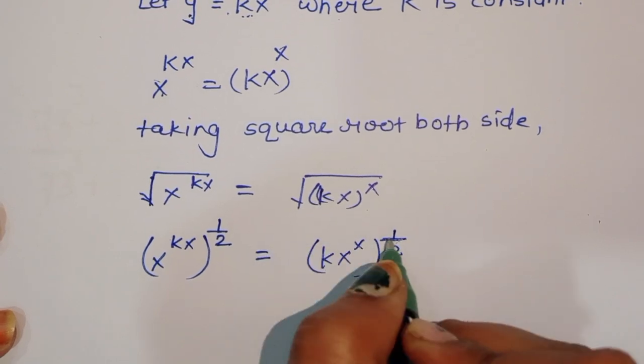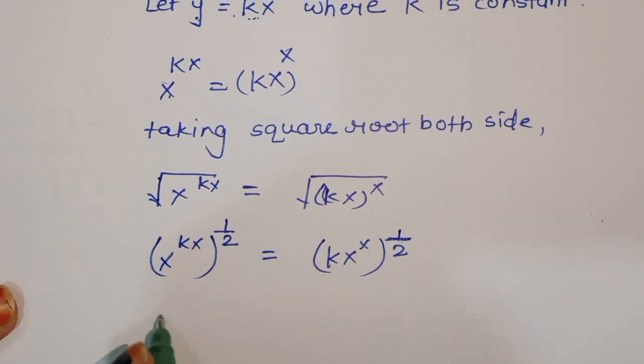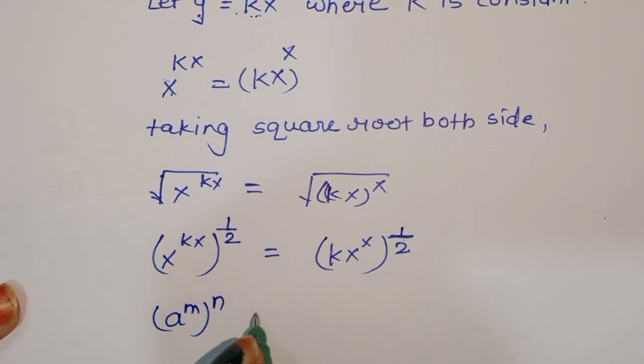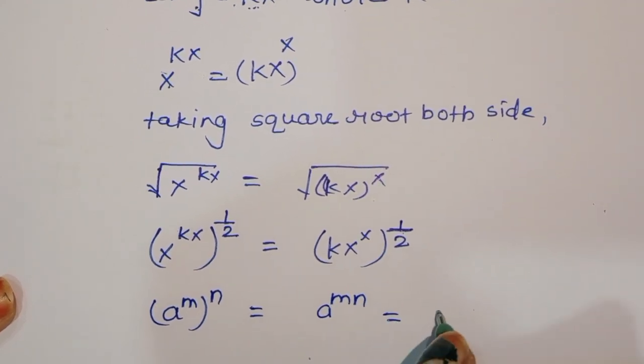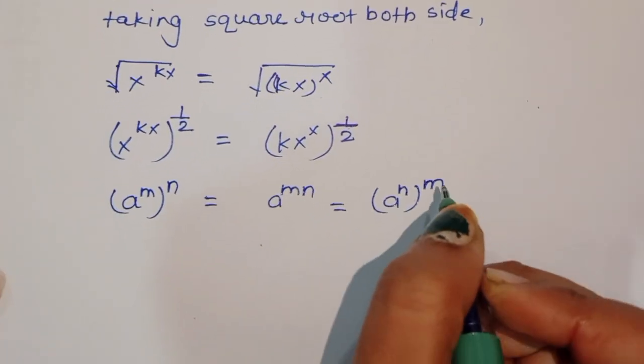We know the formula: a power m, power n, is equal to a power mn, or a power n, power m.